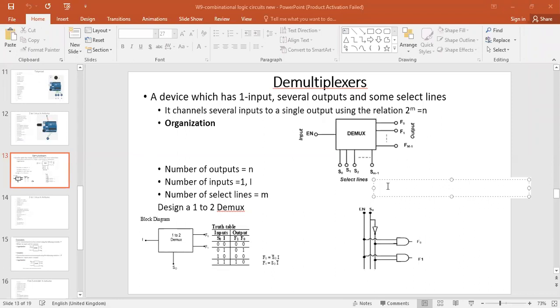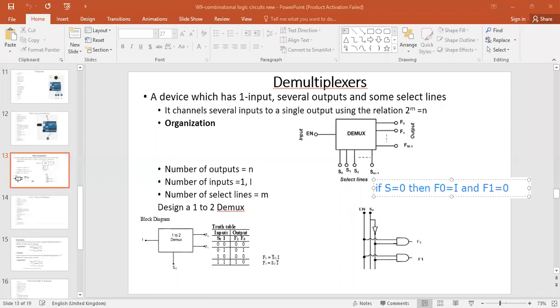Yes. So if S is equal to 0, then I0 is equal to I. I mean F, sorry, F0 is equal to I. And F1 is equal to 0.